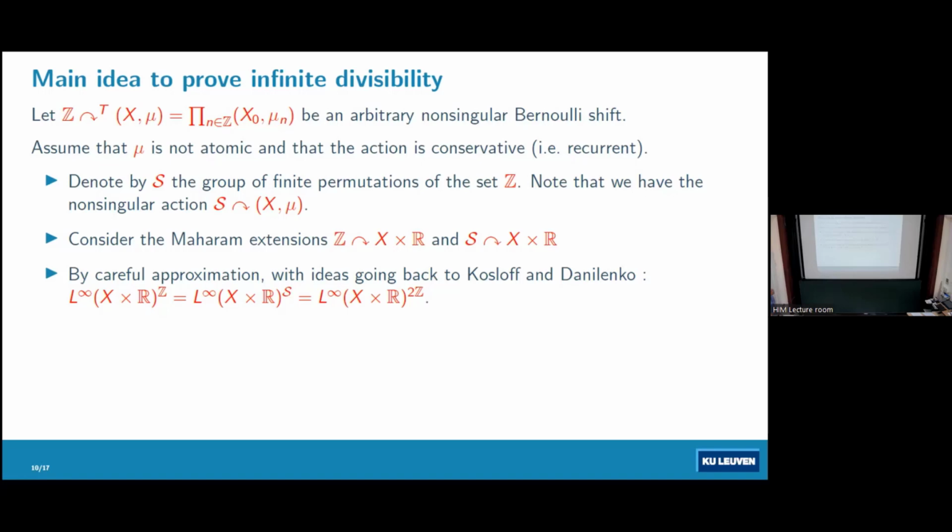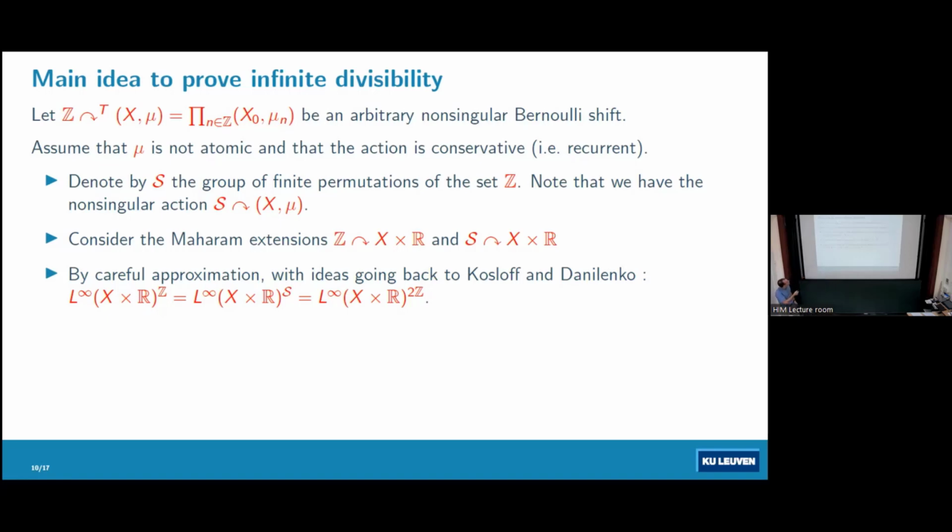So consider your arbitrary shift, and we will assume that the measure is not atomic as before, but let's also assume that there is no fundamental domain, that the action is conservative, is recurrent, so there is no part of type 1. Now, what is the shift doing? The shift is, of course, permuting the coordinates by shifting.